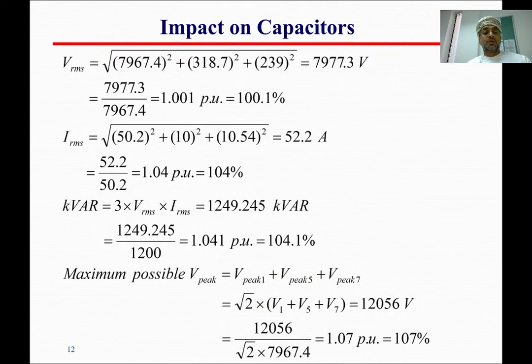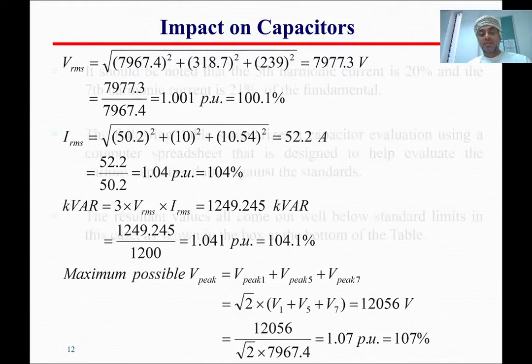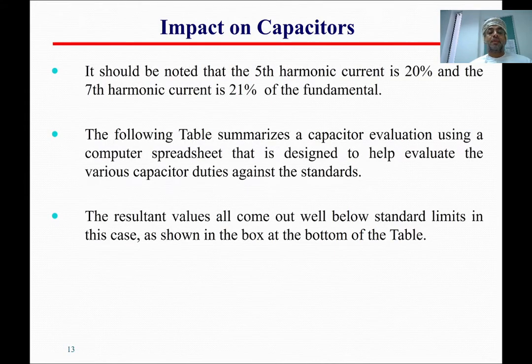So we have root mean square, root mean square, KVAR. So you see that you pick for the first, the fifth, and the seventh. It should be noted that the fifth harmonic current is 20%, and the seventh harmonic current is also around 20% of the fundamental. So they are very close.